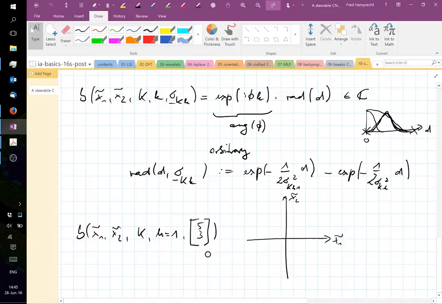I think it would be a little bit like a gradient filter, a derivative filter in the x1 direction, and it's negative on the negative x1 side and positive on the positive x1 side. Exactly. You're talking about the real part here, yeah?